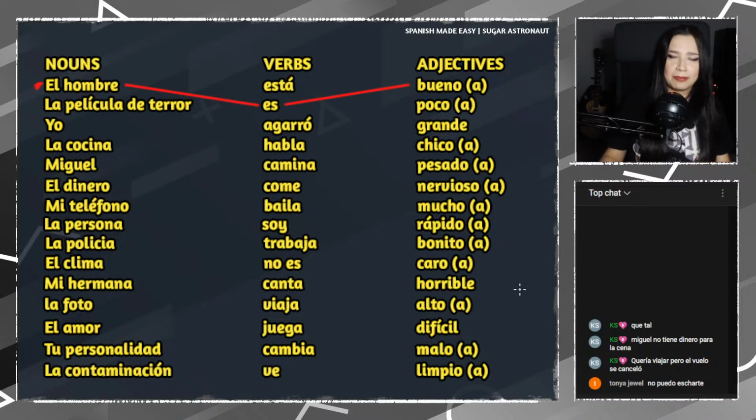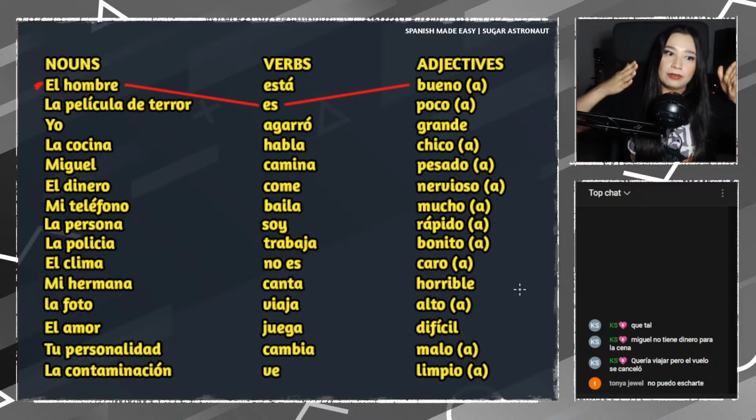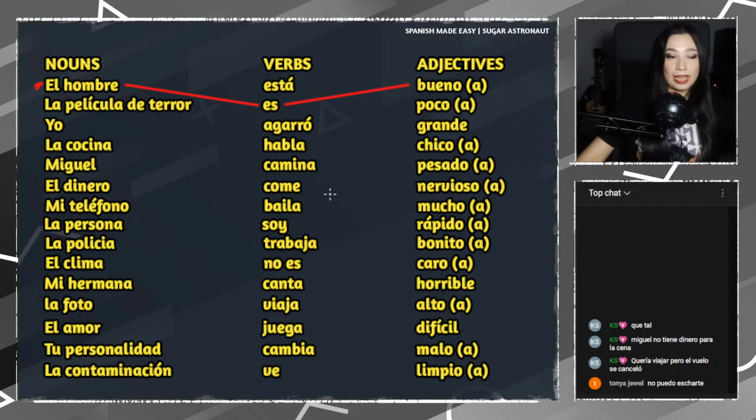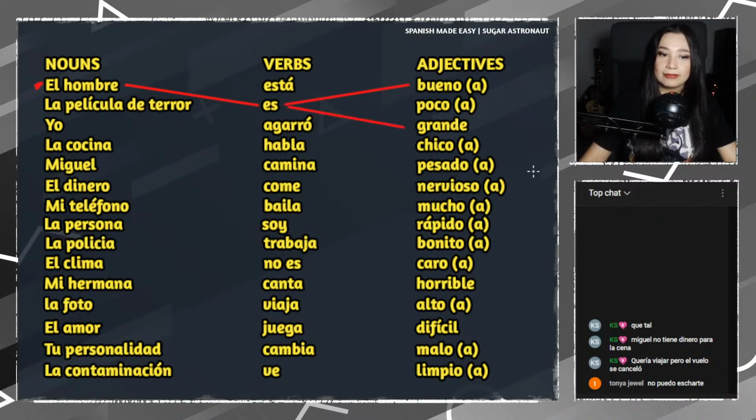So that's very simple. If you know a lot of Spanish words, if you know about nouns, verbs, and adjectives, then you can form sentences really easily. So, el hombre es bueno, the man is good. We could also say the man is grande, big, or also tall.